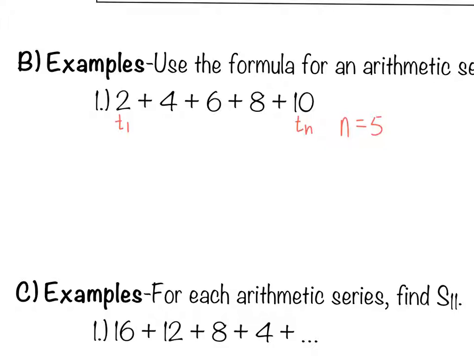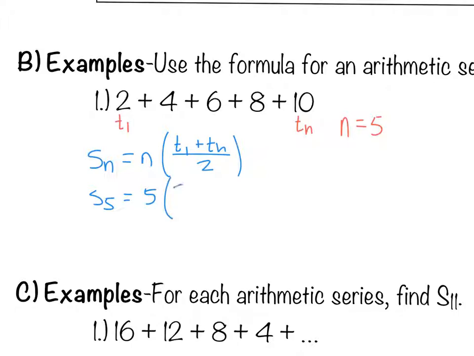So we're going to place this in the formula. The formula, again, is S of n equals n times (t1 plus tn) over 2, and you just plug everything in. Since there are 5 terms, this will be S of 5. You'll place a 5 in for n because there's that many terms.